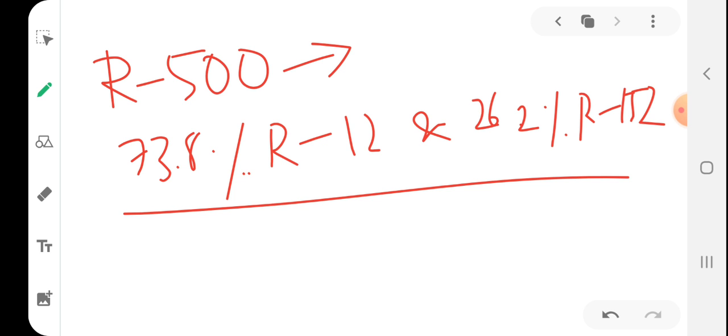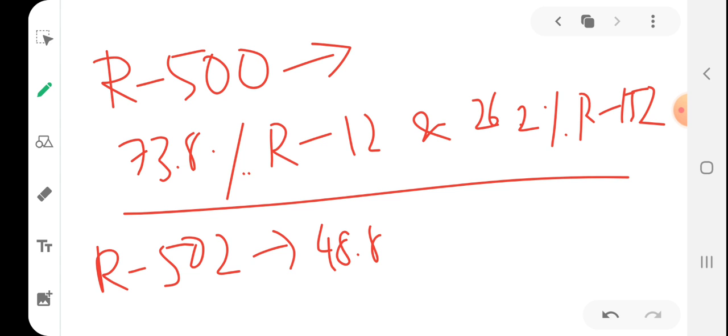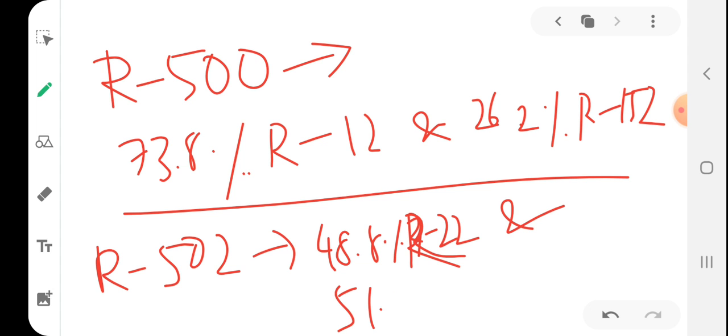Such a mixture is known as the azeotrope R500, and there is another azeotrope known as R502. It consists of 48.8 percentage of R22 and 51.2 percentage of R115. Okay.